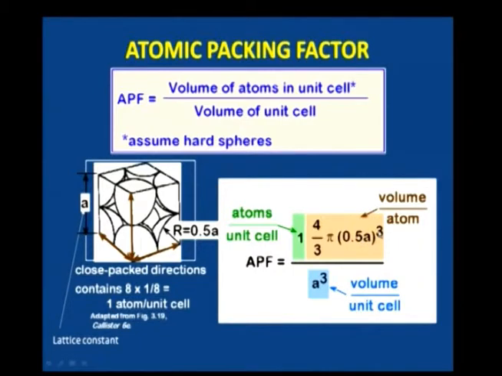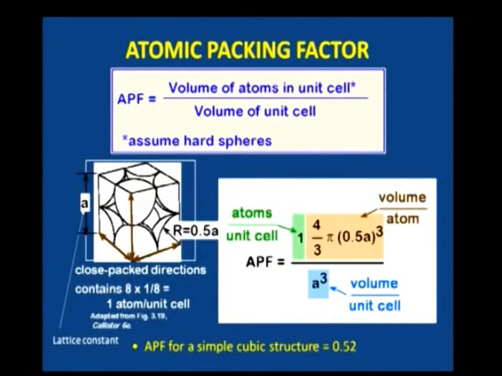That gives the atomic packing factor, which works out to be 0.52. What does it mean? Only 52% of the cell volume is occupied by the atoms. So, when you have the simple cubic structure, only 52% of the space is occupied by the atoms.